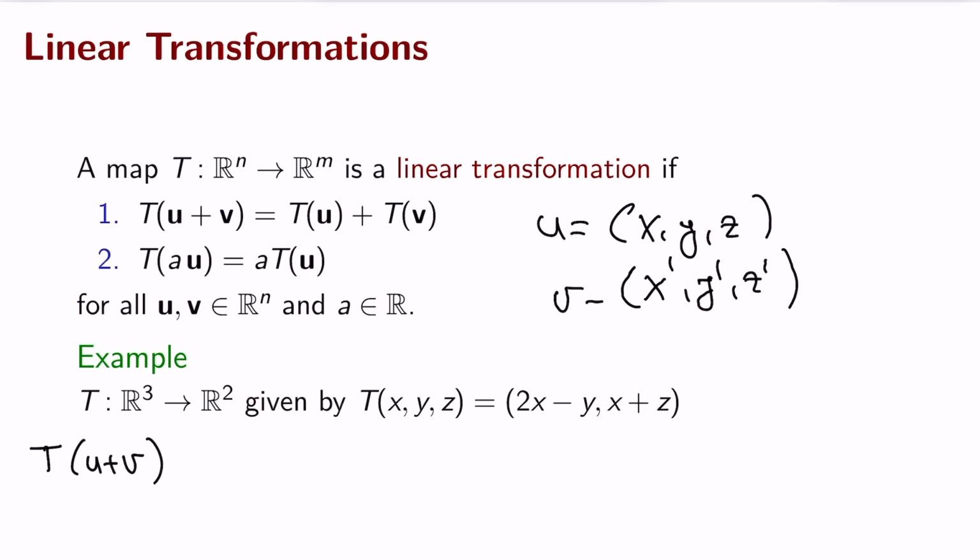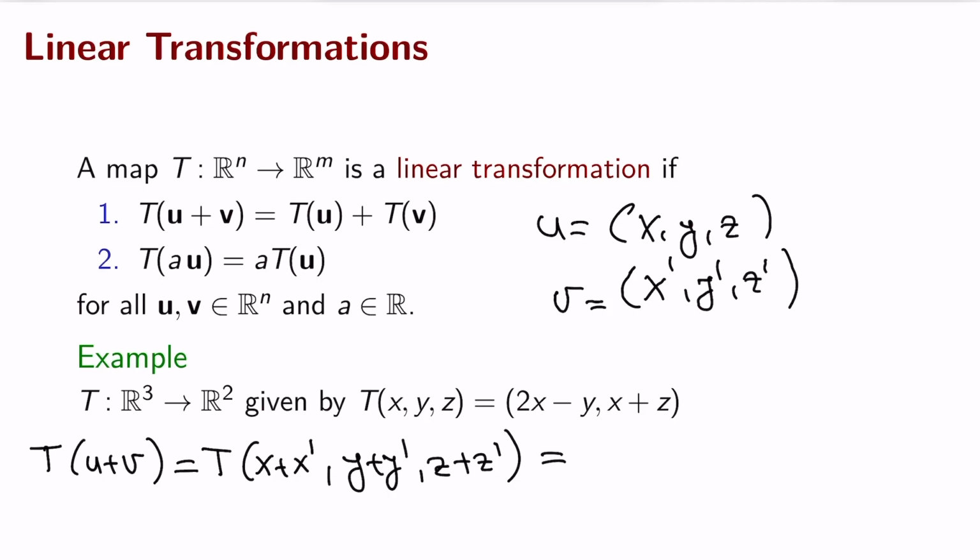Let's call this one u and this one v. So we have to do the addition first. Let's write this equal to T of the addition. The addition of these two vectors is x plus x prime, y plus y prime, and z plus z prime.